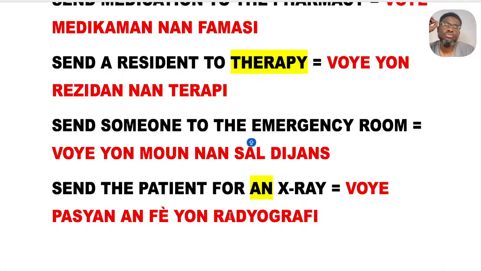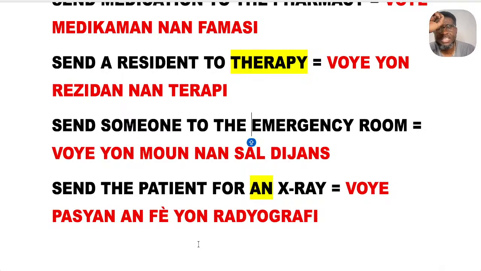So yo souvent yo do for an X-ray, for a breast exam, for a mammogram, for a blood test, for, okay? Yo pa di send a patient to do a blood test, send a patient to do an X-ray, to do a mammogram, to do etc. Yo pa jam di to do, c'est for. Ok, si ou wè moun nan di ou to do, bon, nan anglè informel lan li jis ba ou jan l ba ou lan. D'accord? Send the patient to do non, but li pa formel. Formel lan, c'est for.